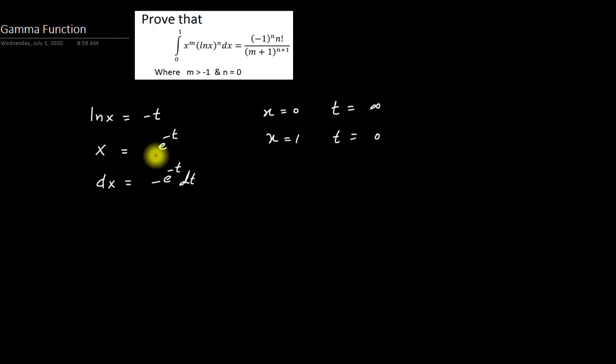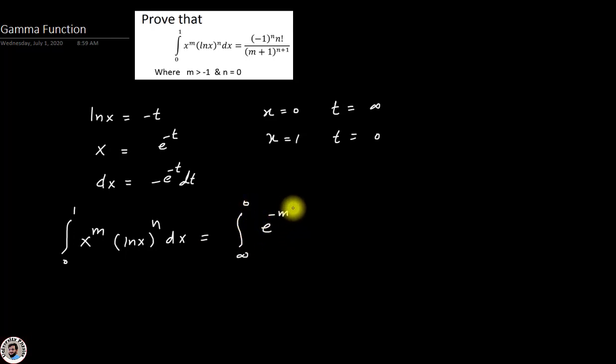Now, by using these values and limits, the left hand side of the given relation will become the integral from 0 to 1 of x to the power m (natural log of x) to the power n dx, which is equal to the integral from infinity to 0 of e to the power minus mt times (minus t) to the power n into minus e to the power minus t dt.